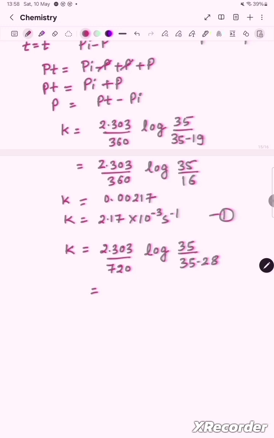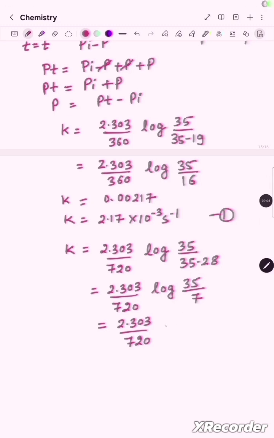So this is the second equation. Here 2.303 upon 720 log 35 upon 7, that will equal log 5, since 35 upon 7 cancels to 5.